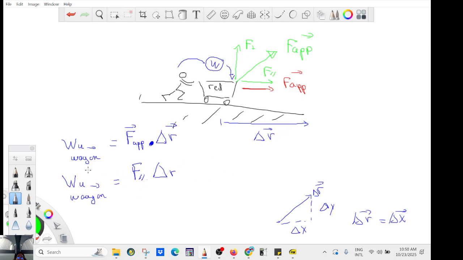So in that case, the work done by you on the wagon is going to be positive work, meaning you are increasing the state of energy. The wagon will move faster. So we say positive work.